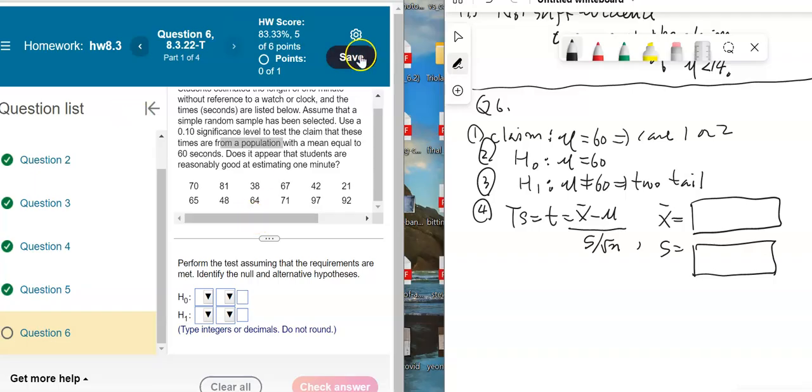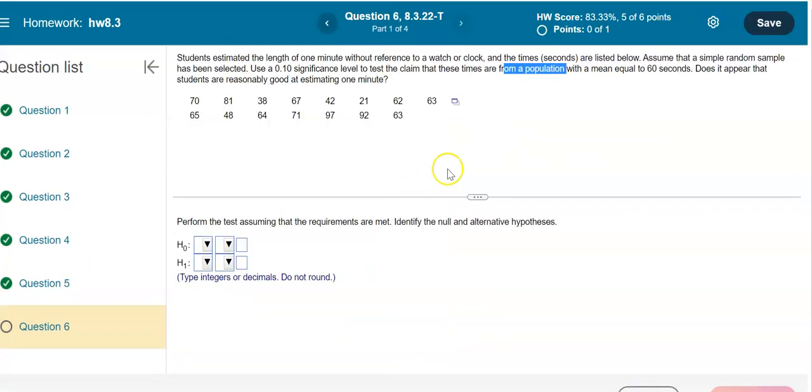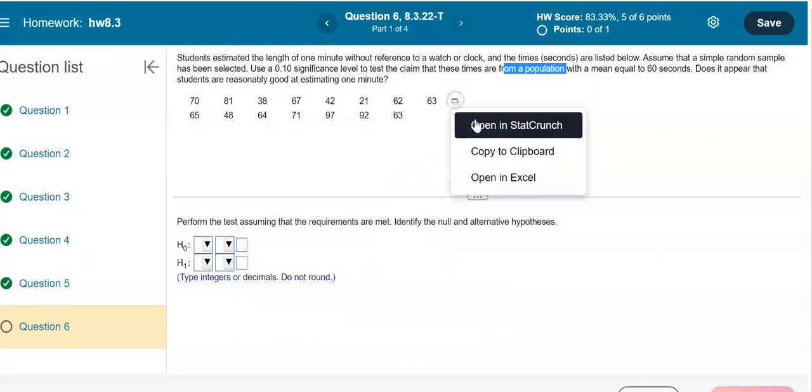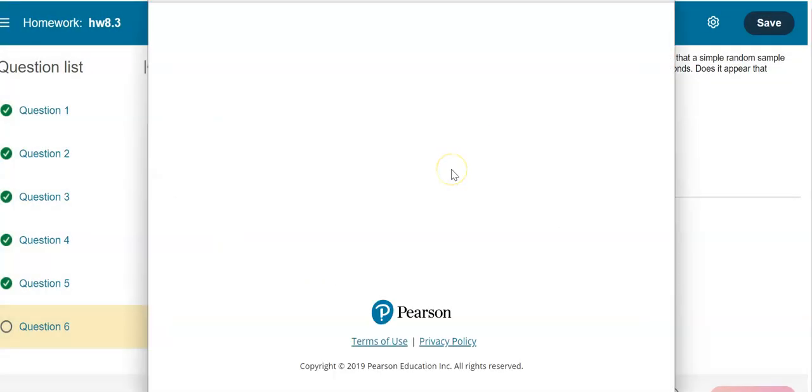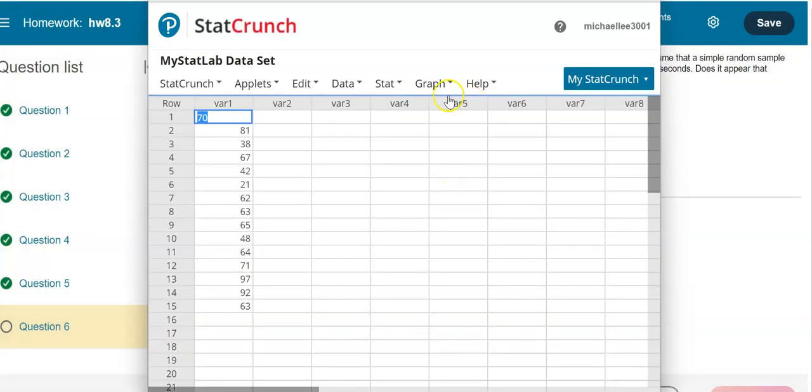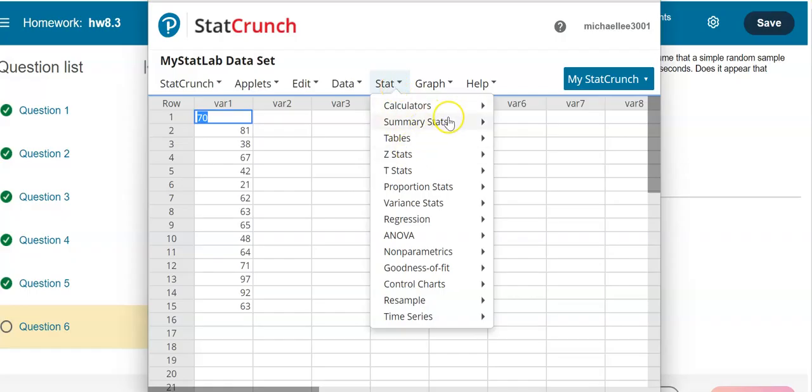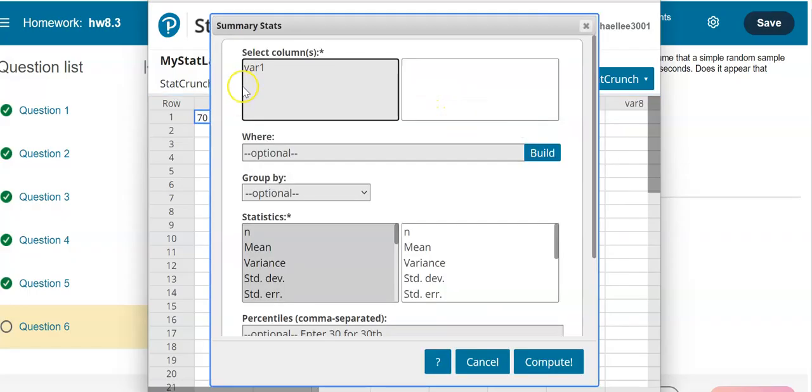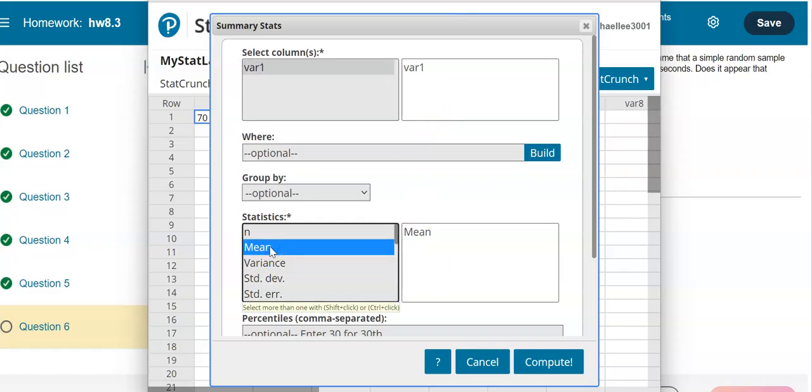So open StatCrunch. Where is the StatCrunch icon? Here we go. Go to Stats, Summary Stats, Columns, Bar 1. And then we need the mean and standard deviation. Okay.